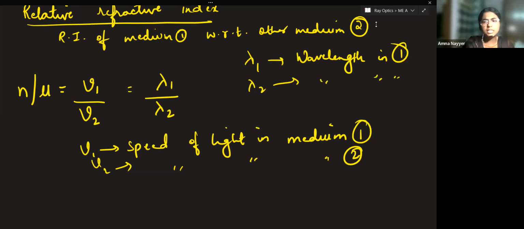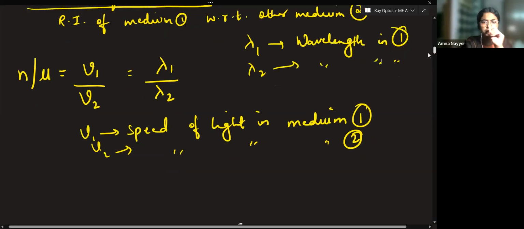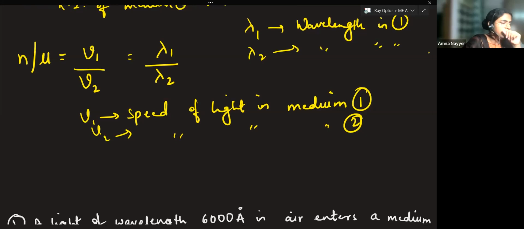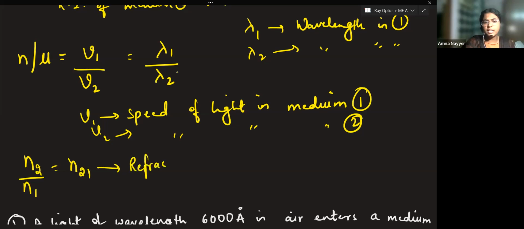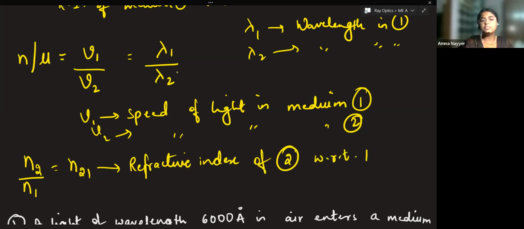Now one representation before we move on to the question answer. If I write the refractive index of the second medium by the refractive index of the first medium as n21, this means the refractive index of the second medium with respect to the first medium.